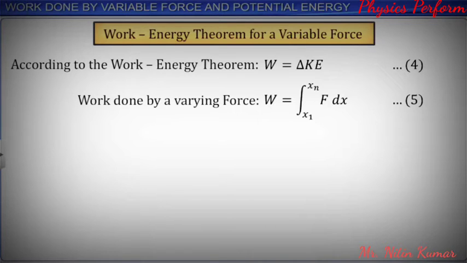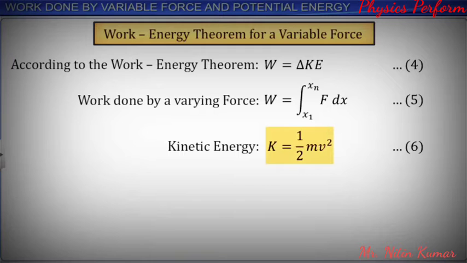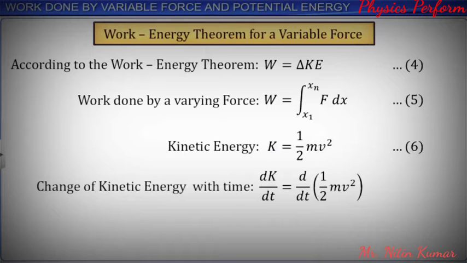If the velocity of the object at an instant is v, then its kinetic energy at the instant is expressed as half mv square. Let this be equation 6. On differentiating equation 6 with respect to time t, we get the rate of change of kinetic energy as dK by dt is equal to d by dt of half mv square.